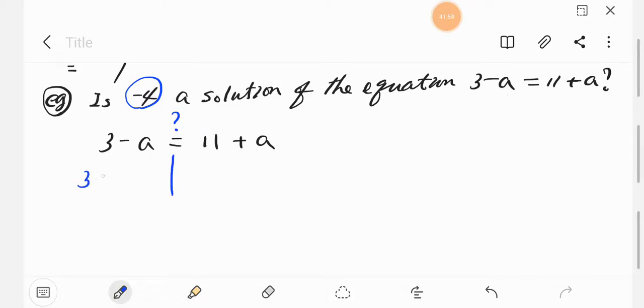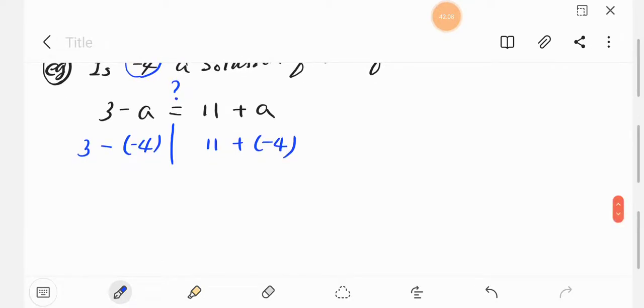So 3 minus -4, and the right side is 11 plus -4. Then simplify the left-hand side. This is equal to 3 minus, change minus to plus, then -4 becomes the opposite, which is +4. Then the left side is 7.